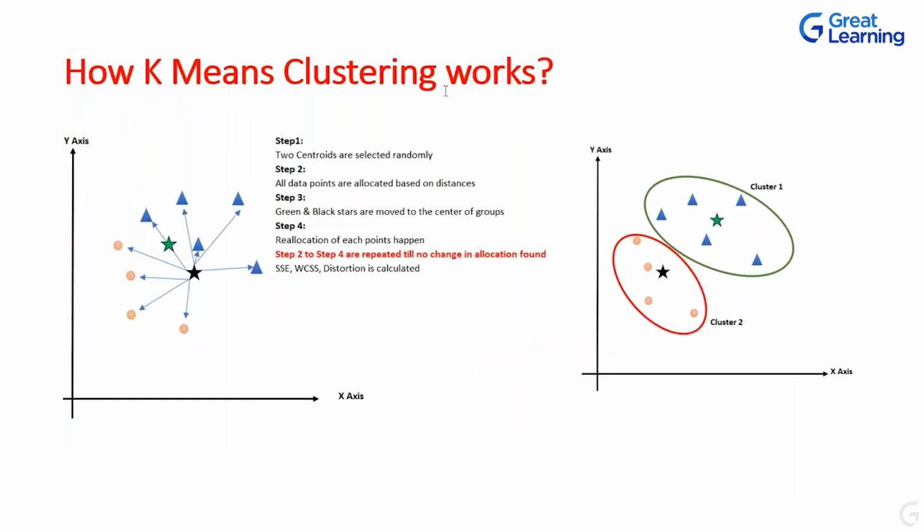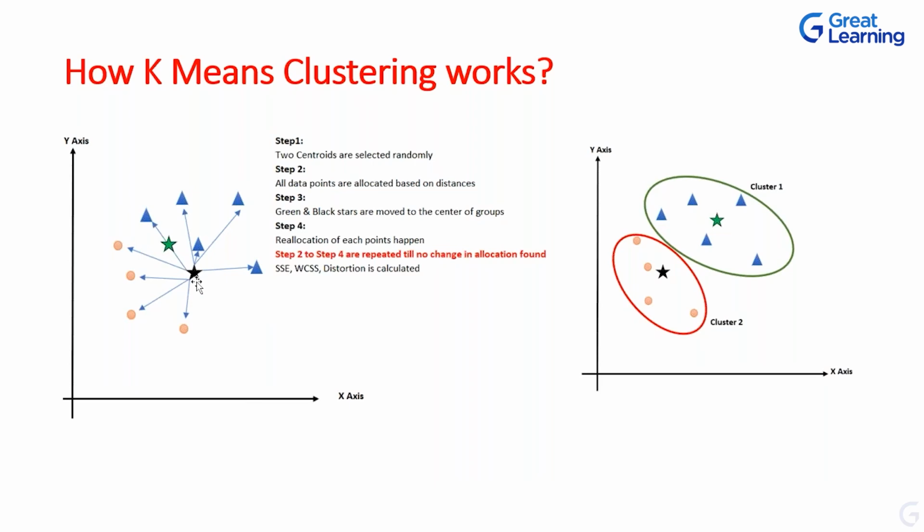How K-means clustering happens. This is in the context of as if we are going to make two clusters. So here is the data in circles and in triangles. Any two data points in the space are picked by your software, by Python.